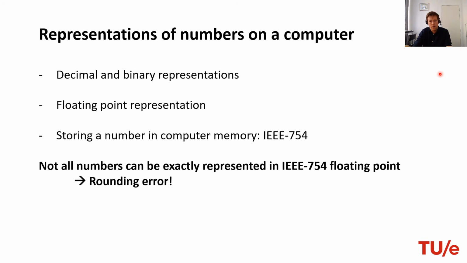Some are too large, which is when you have overflow. And it's also quite possible that your exact number is not exactly representable in this floating point format, and that leads to rounding errors. In the next video, we will talk a bit more about errors and their impact on the solution in numerical methods.